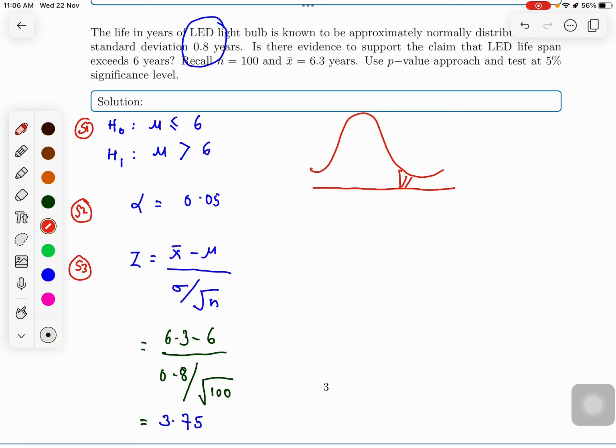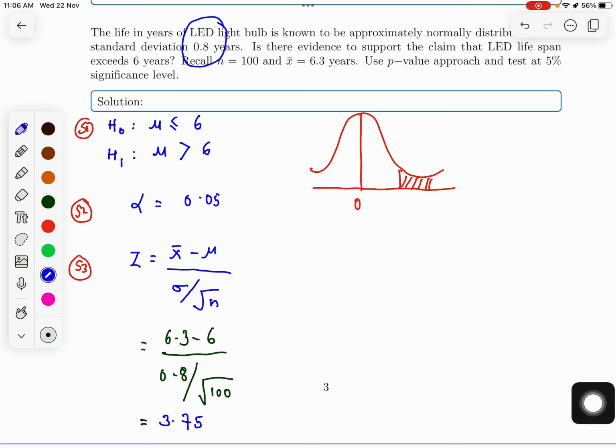So this area is our rejection region, and this value is 0. And remember, in step 3, we get test statistic value is 3.75. And where is the 3.75 located? Okay, this value is here.